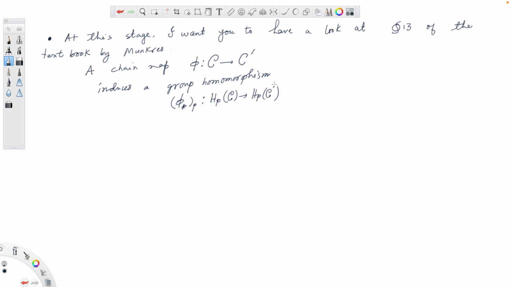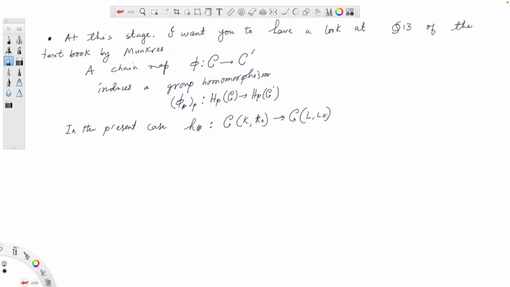Okay, so in the present case, suppose we have this chain map H hash between these two chain complexes: C of K comma K0, the chain complex corresponding to the pair K comma K0, to the chain complex corresponding to the pair L comma L0.